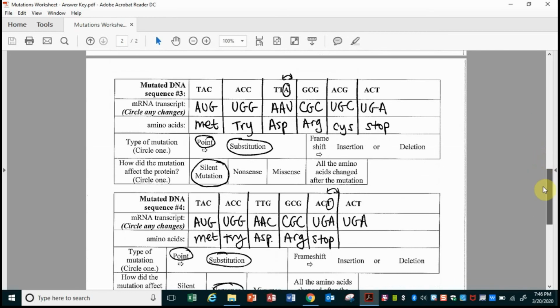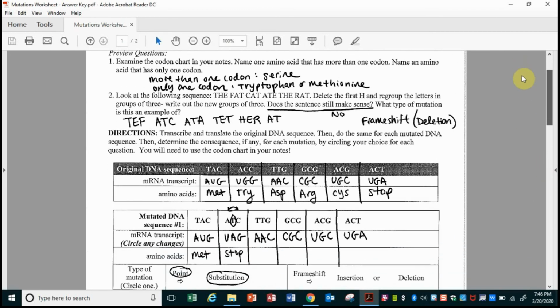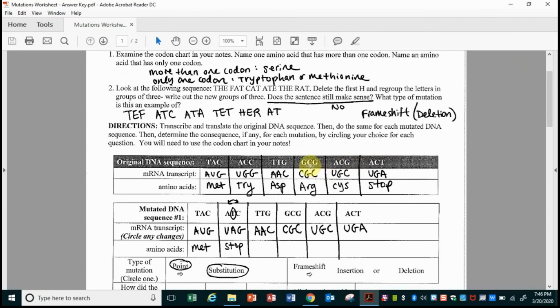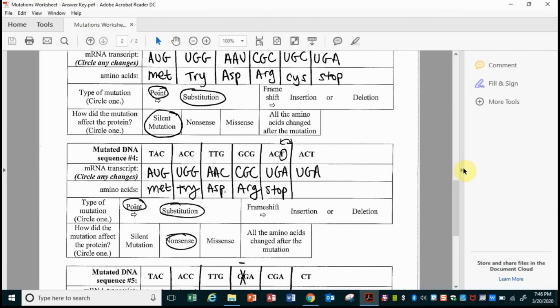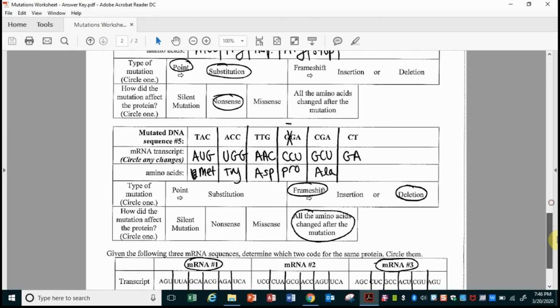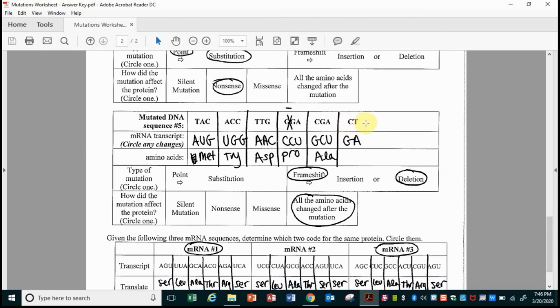So it looks like we took out the C here, so this becomes GGA. So there was a deletion of one base. I can also tell that because I end up with one fewer base than I had before. I only have 2 here instead of 3. And then when I write out my sequence of mRNA and amino acids, these 2 amino acids, proline and alanine, change after that mutation.